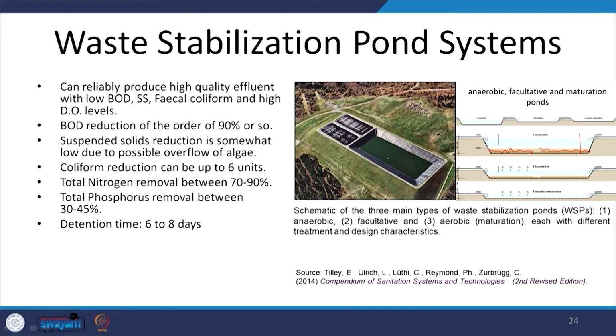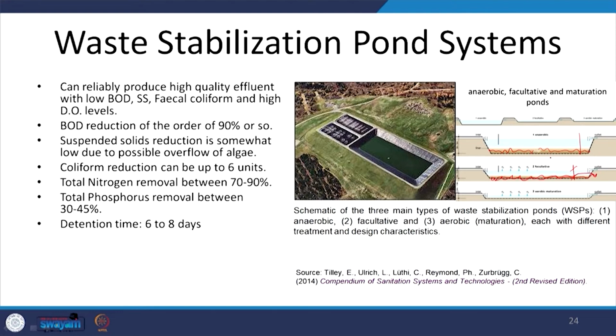After that, there is a pond of slightly lesser depth compared to the first one, where oxygen mixing takes place, but the sludge is further allowed to settle at the bottom of the pond.